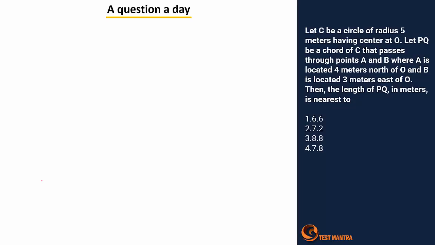It's given, let C be a circle of radius 5 meter having center at O. Let PQ be a chord of C that passes through points A and B, where A is located 4 meters north of O and B is located 3 meters to the east of O. So let's see.